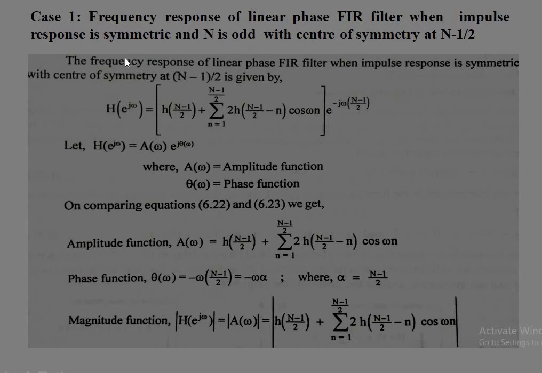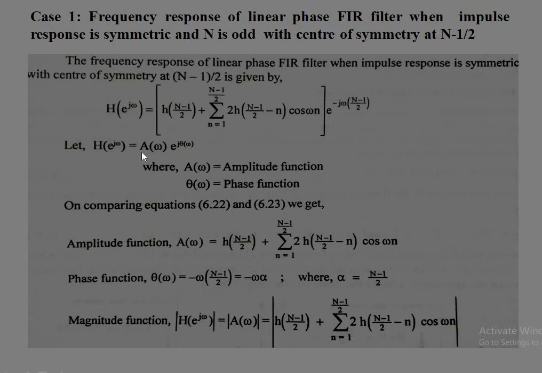I would like to summarize after the derivation that the frequency response of this kind of impulse response is given by h of n minus 1 by 2 plus sigma n equal to 1 to n minus 1 by 2 of 2h of n minus 1 by 2 minus n into cos omega n, multiplied with an exponential e power minus j omega n minus 1 by 2. As I said, since the Fourier transform is complex in nature, it is represented with respect to both the magnitude and phase spectrums.